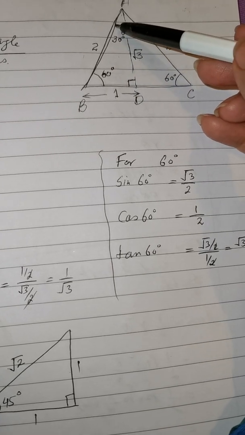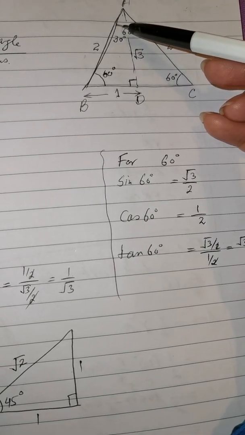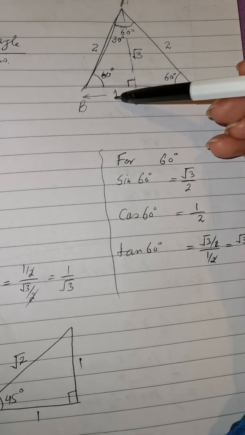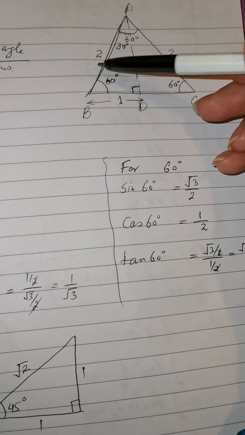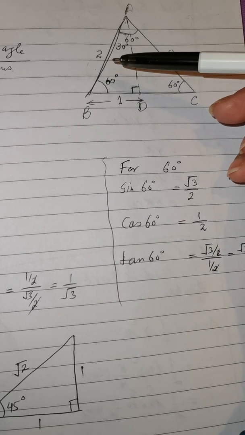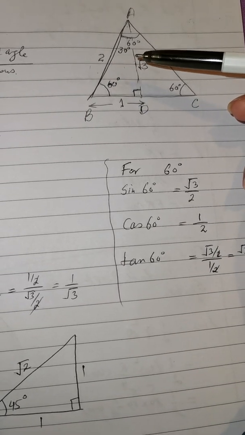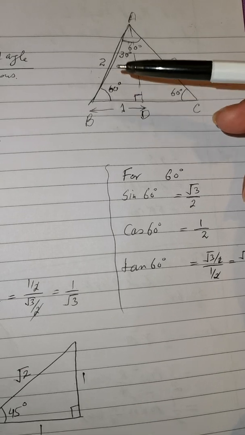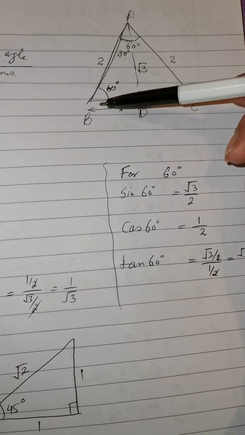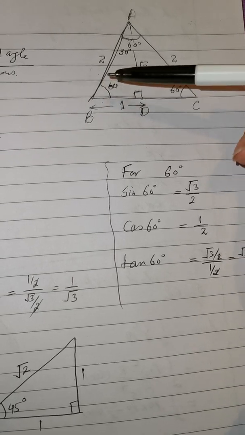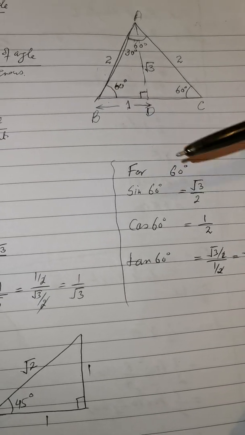But if I have to find the value of sine 30 degree, its opposite is 1, divided by 2, right? So you have to keep these things in mind when you find the values of sine 30 degree, cos 30 degree, then tan 30 degree, and then sine 60 degree, cos 60 degree, and tan 60 degree.